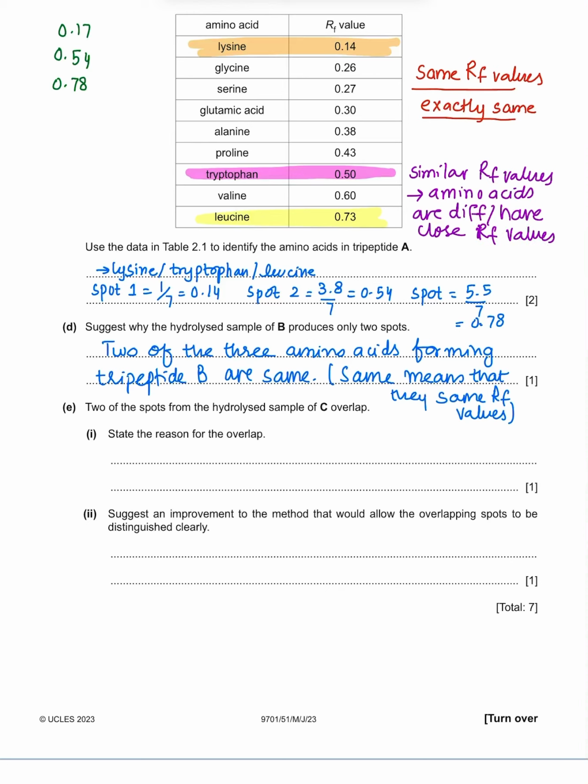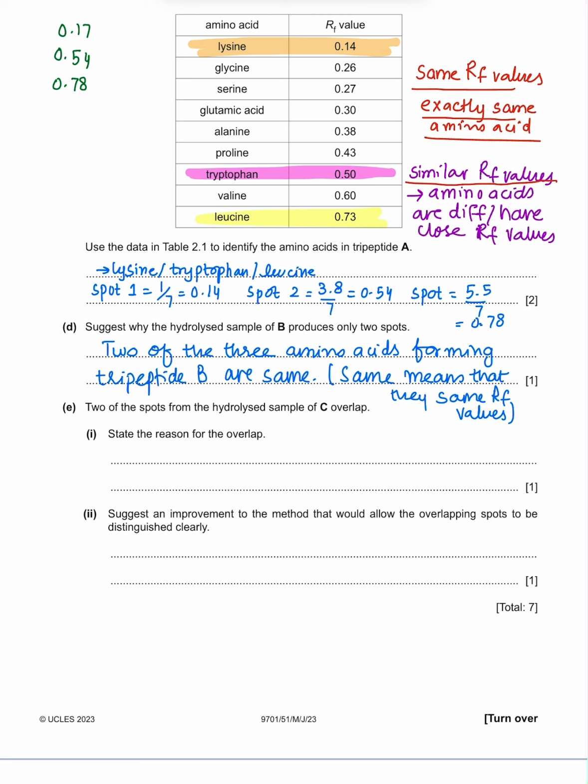So exactly same RF value means that you have exactly same amino acid, and similar RF values means that amino acids are not same, rather those amino acids have very close RF values. So this is something that you need to keep in your mind, because examiner clearly has told in the marking scheme that if you write same, you are not going to get a mark if it is not similar, right? So be very cautious about it.